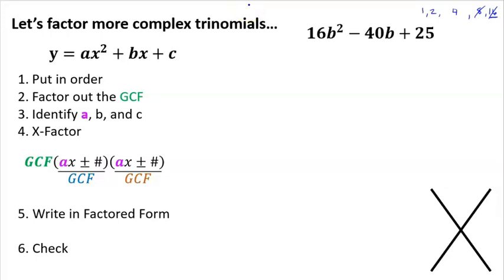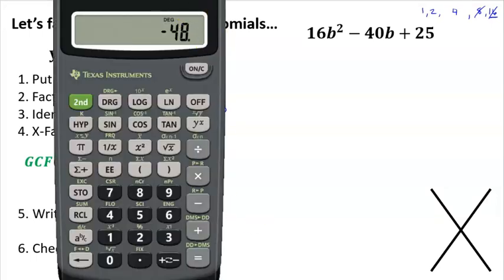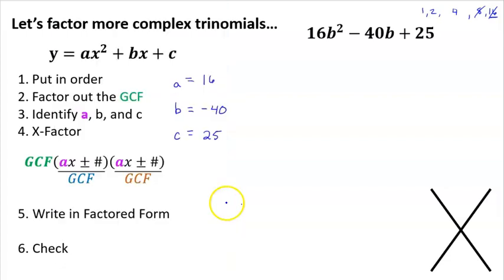So now we have A, B, and C. A is 16, B is negative 40, and then C is 25. And so now I'm just going to pull up my calculator, and we have 16 times 25, and that gives me 400.